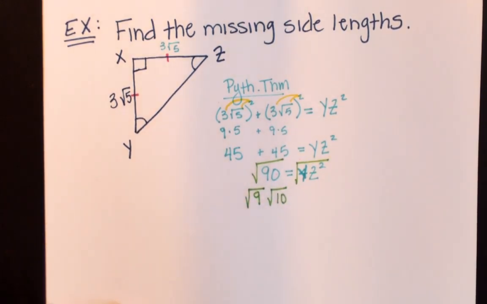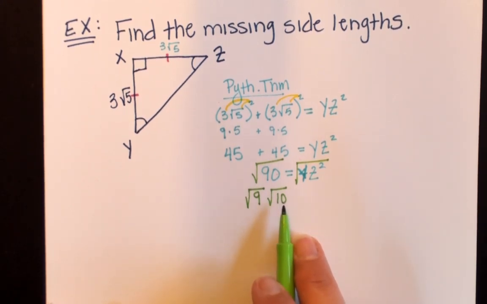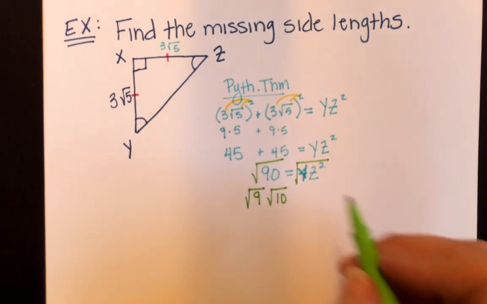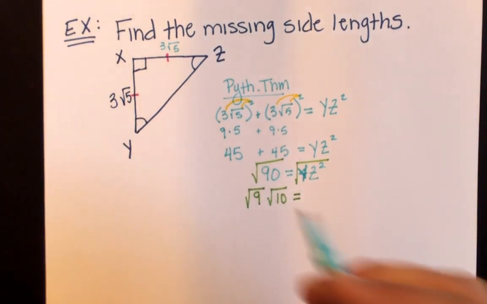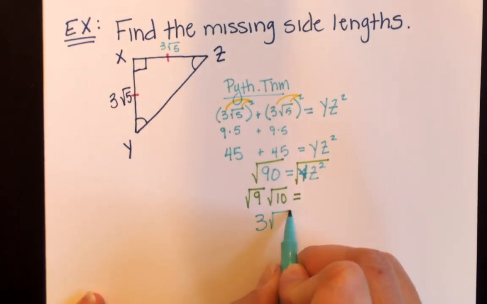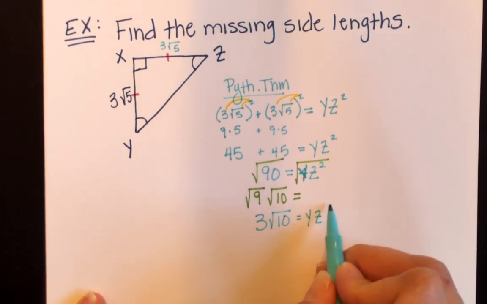And if I tried to break 10 down any further, 10 is 2 times 5. Well, 2 and 5 are prime numbers, so 10 is going to stay there. So we end up with 3 radical 10 as our answer for YZ.